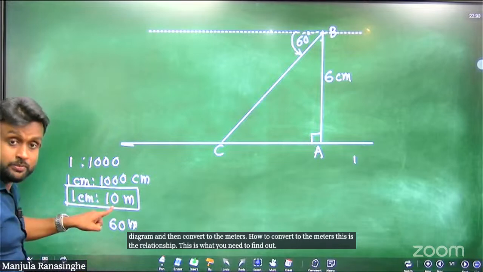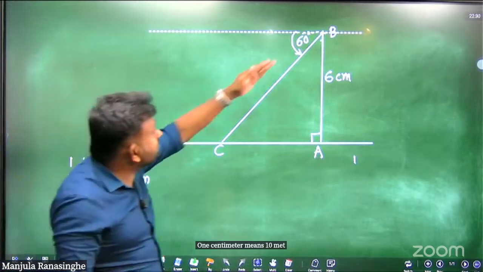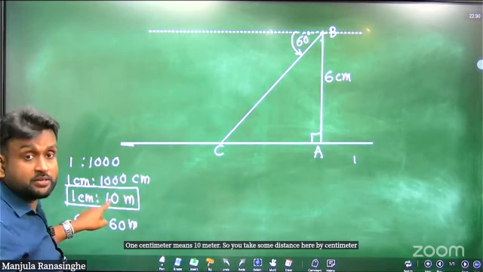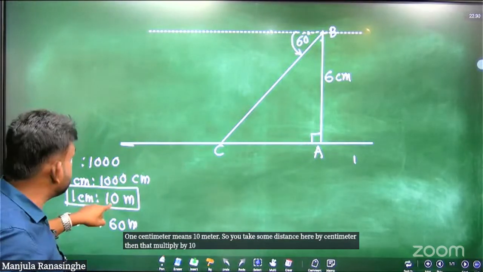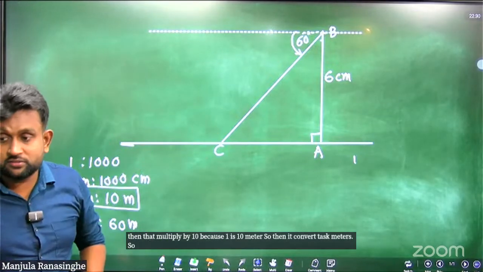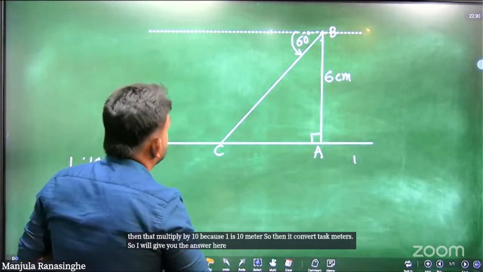1 centimeter means 10 meter. So you take some distance here by a centimeter, then multiply by 10 because 1 is 10 meter. So then it converts to meters. So I will give you the answer here with the use of trigonometry.